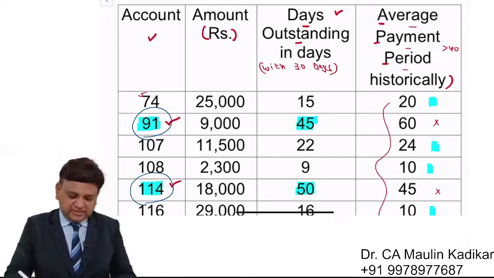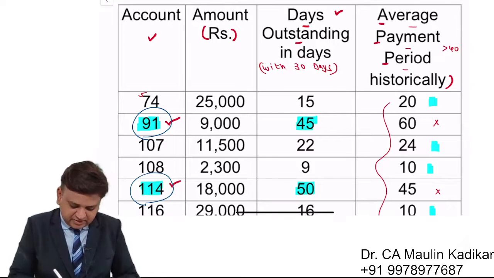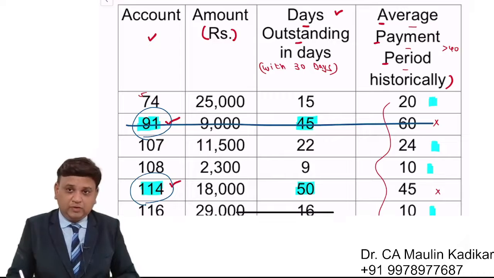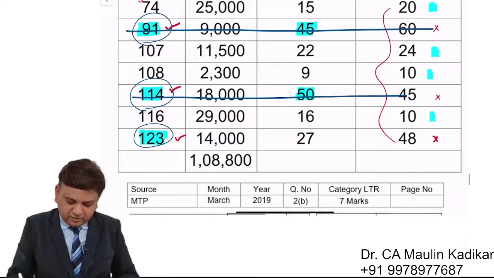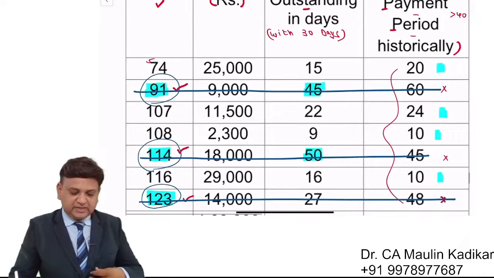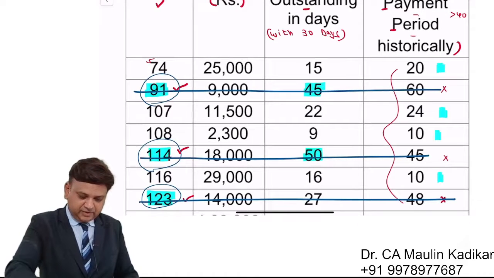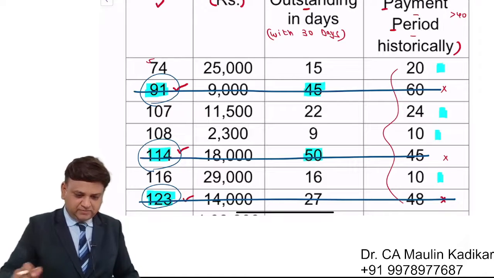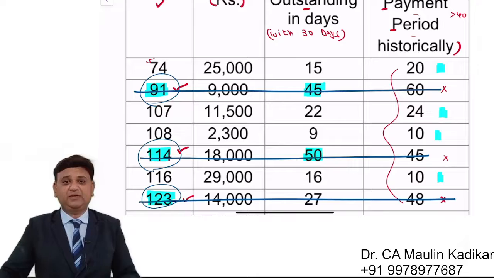So friends, over here we understand that customer number 91 does not qualify, 114 does not qualify, 123 does not qualify. Remaining customers qualify. So it is 25,000 plus 11,500 plus 2,300 plus 29,000. It comes to 67,800.